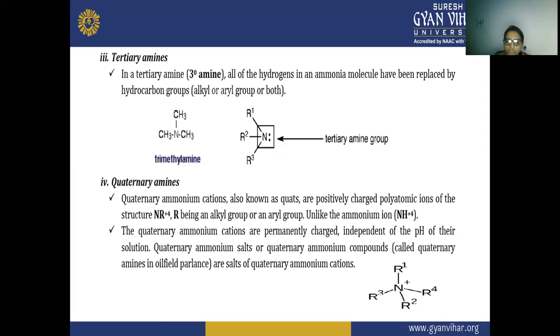So on this quaternary amine, as the name shows, four alkyl groups are attached. These four R groups can be alkyl groups or aryl groups, or a mixture of both.